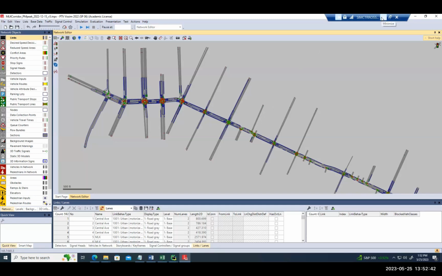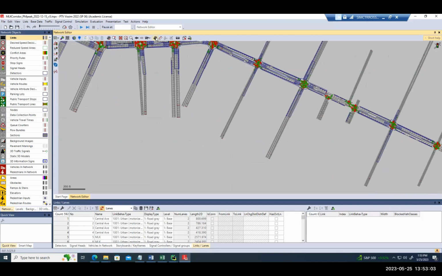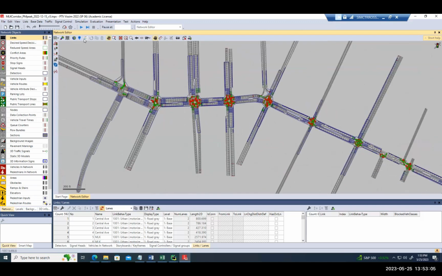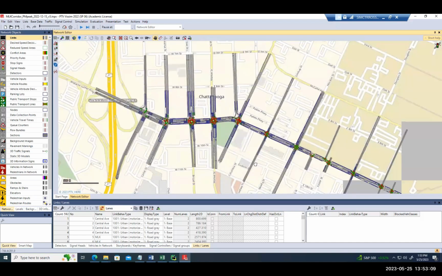Okay. Is that the MLK corridor? Yes, this is the MLK corridor. I see. So where is Miller Park? This is from Pine Street to Central.